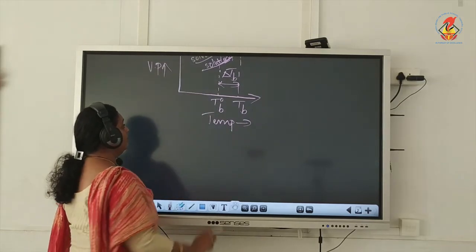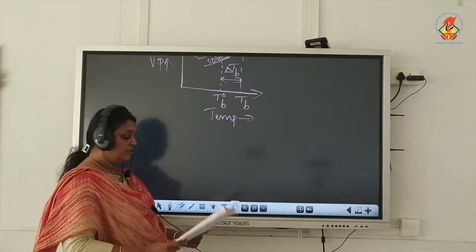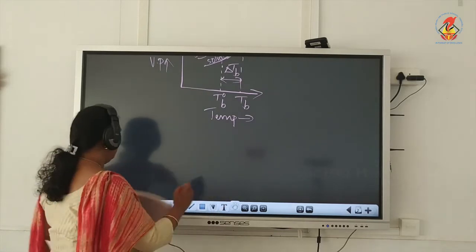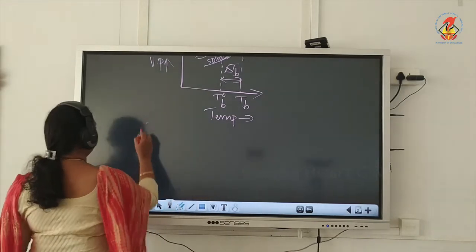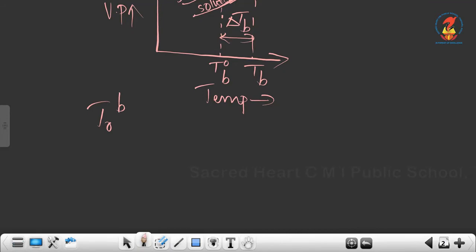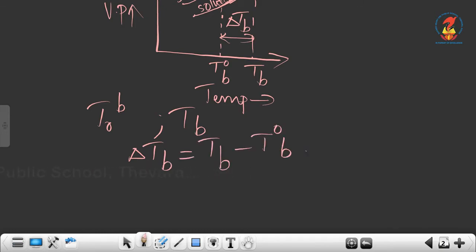Okay, now we are going to start the derivation. Let T0B be the boiling point of pure solvent and TB be the boiling point of solution. Therefore, increase in boiling point delta TB is equal to TB minus T0B. TB is the boiling point of solution and T0B is the boiling point of pure solvent.